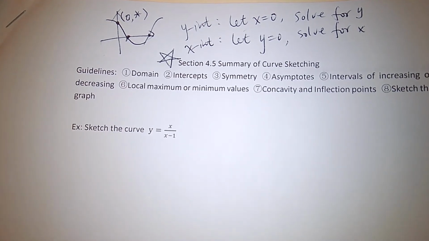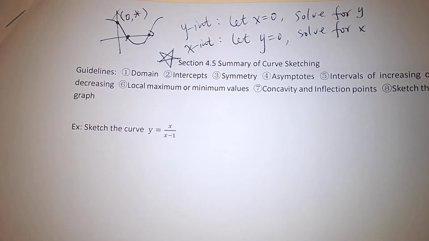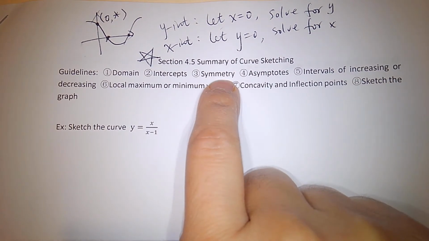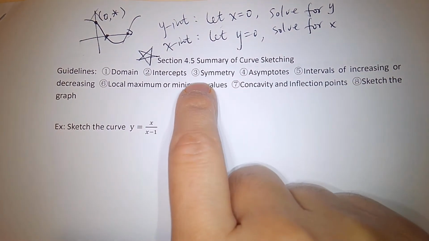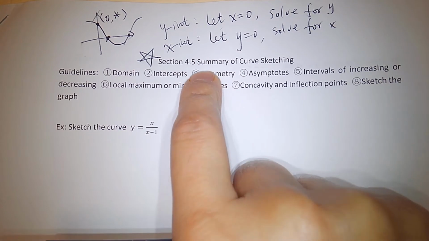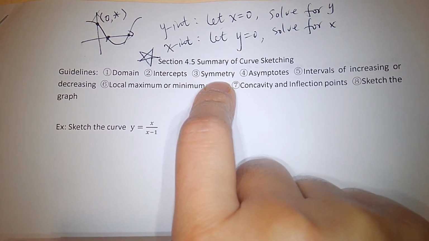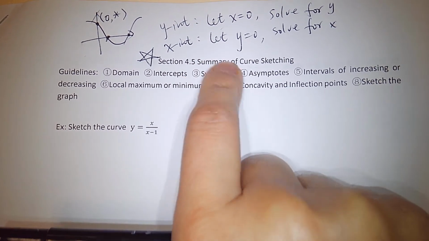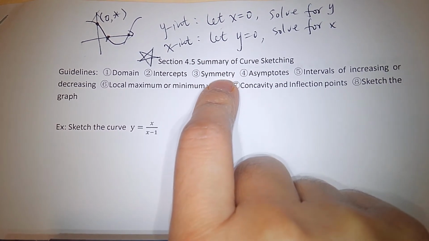Alright, third step, symmetry. Do you still remember when we learned this in chapter 1? Let's review the symmetry, okay? For the symmetry of a function, we only talk about 3 cases, okay?